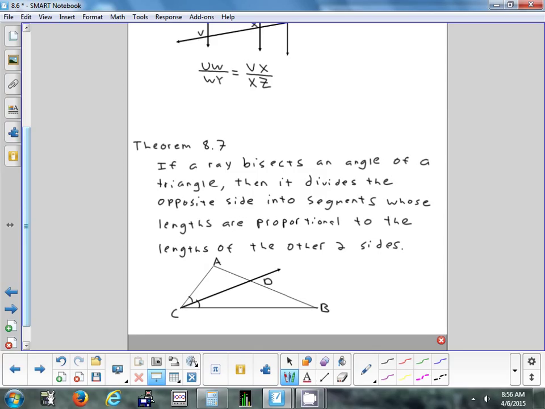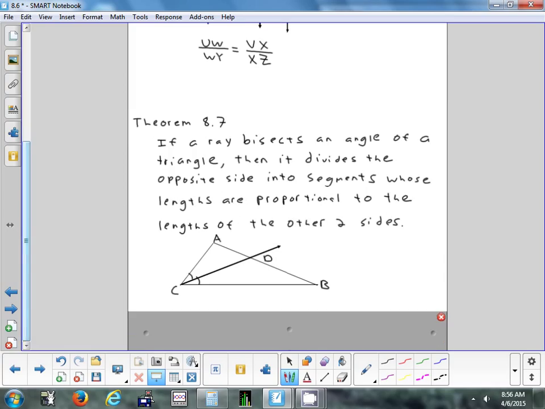So if you draw a ray, and that ray bisects an angle, so in this case angle ACD and BCD, they're exactly the same. Then it divides the opposite side, okay, we're looking at side AB, into segments that are proportional to the lengths of the other two sides.